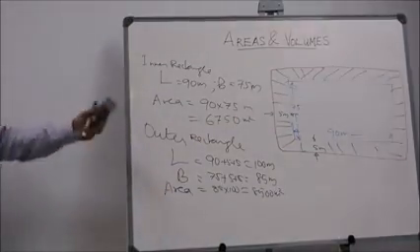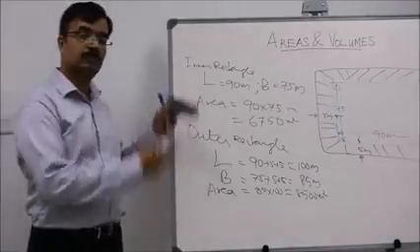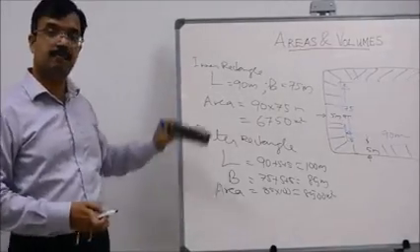Now the area of the path is nothing but the difference in area of these two rectangles.